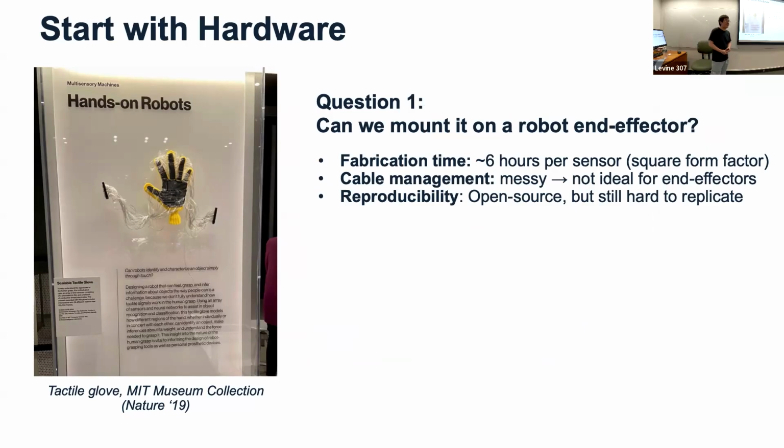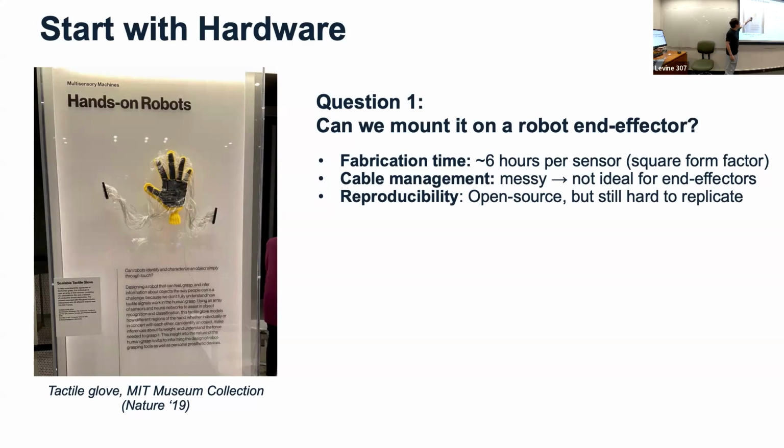Then we have some follow-up questions. Can we mount it to the robot end effector? That's a simple question, but a very important one. For this kind of glove, the fabrication time is very long. The first time, it took me about 6 hours to make a simple square piece, which took a lot of effort. There is also the cable management.